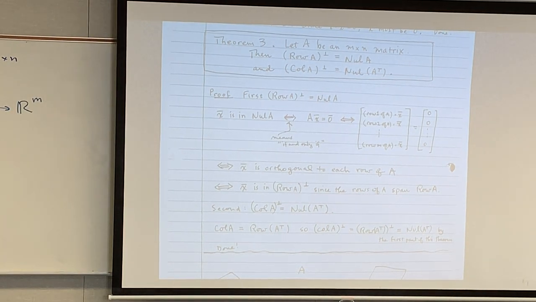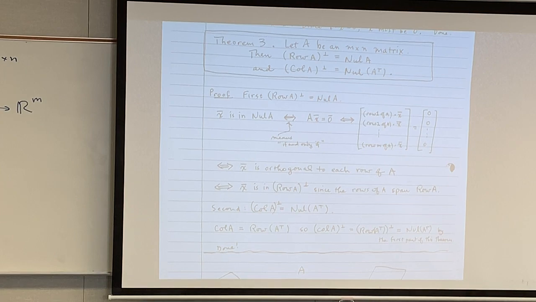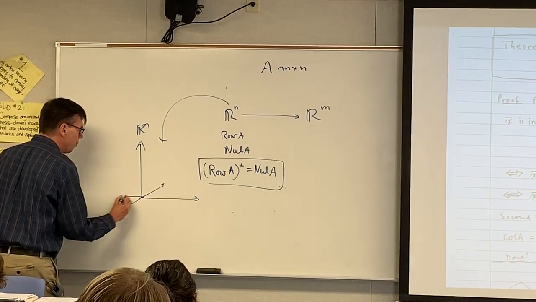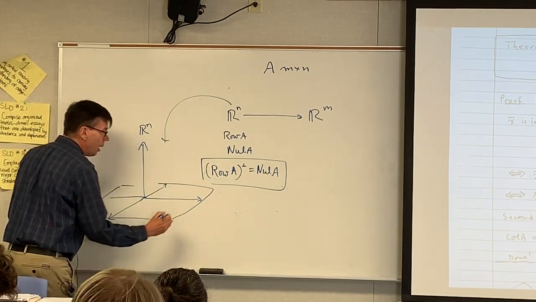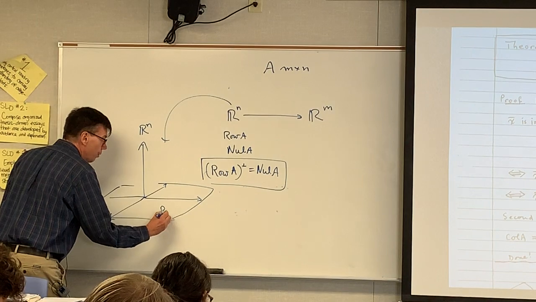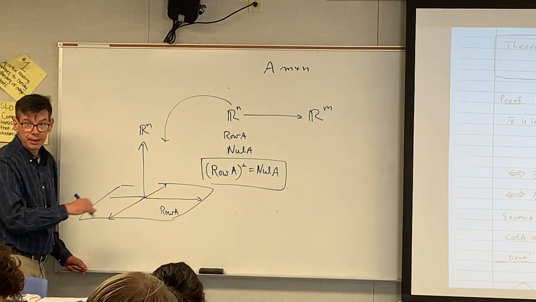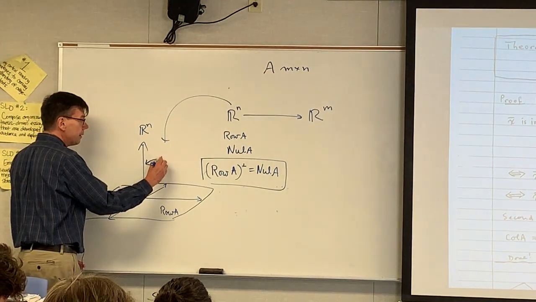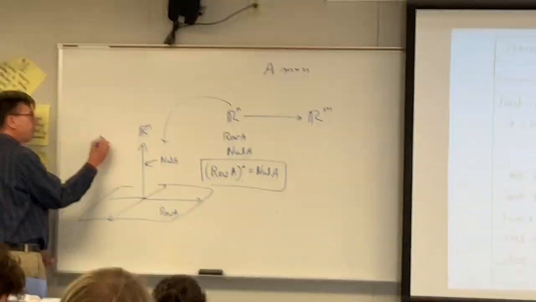So it's sort of like if we had a picture of Rn, now this is going to be different in different situations, but I'm going to copy my previous picture. The row space of A could possibly be the xy plane, in one particular example. And then the z-axis could be the null space of A. This is just one possible scenario.